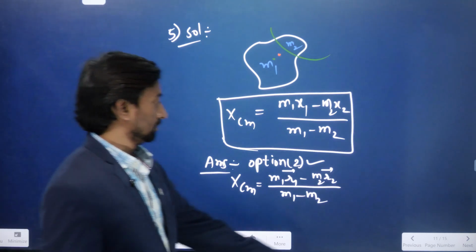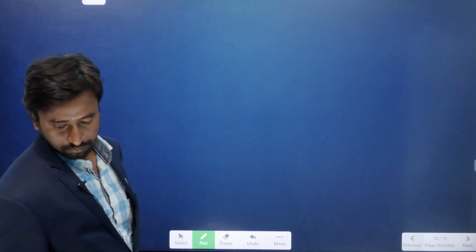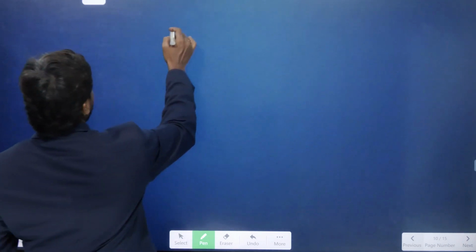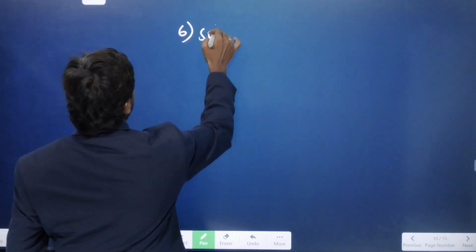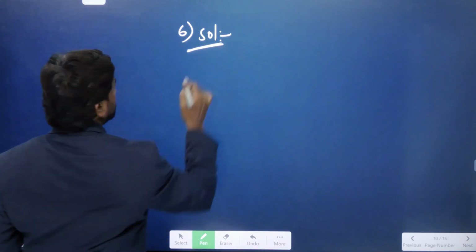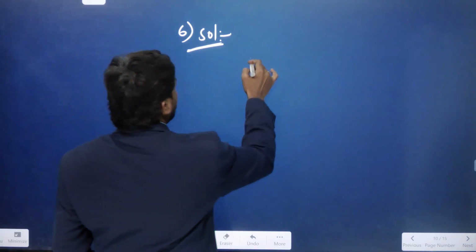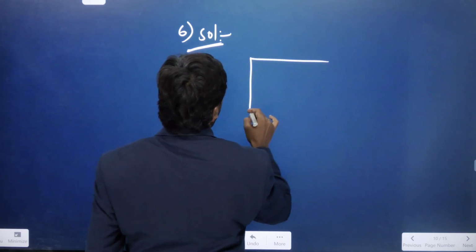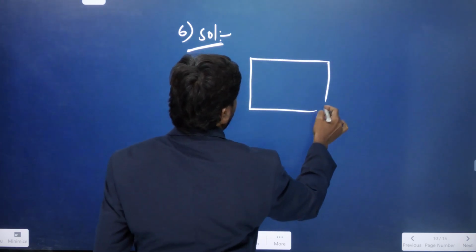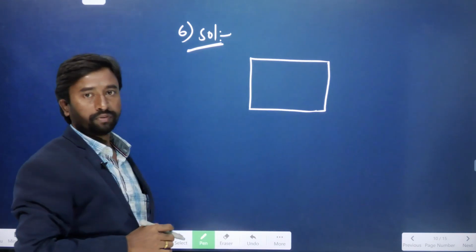Okay, now we'll see the sixth solution. A wire is bent into the form of a rectangular shape.